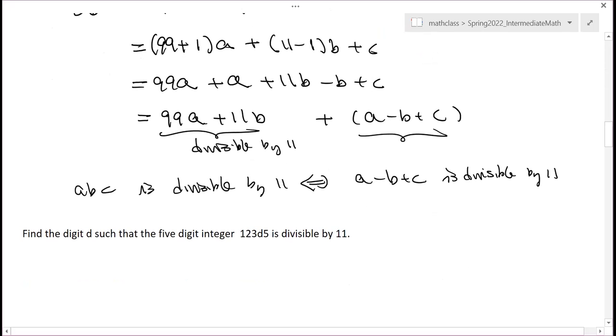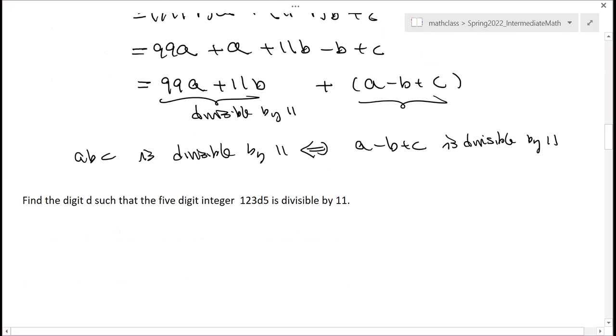Okay, so I want you to finish this problem. If you get answers, post to me privately. Don't post to everybody. All right, find the digit d such that the 5-digit integer 123d5 is divisible by 11. So it's 12,300 something, right? d5 is divisible by 11.